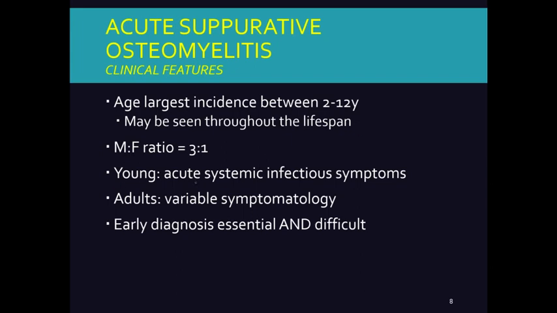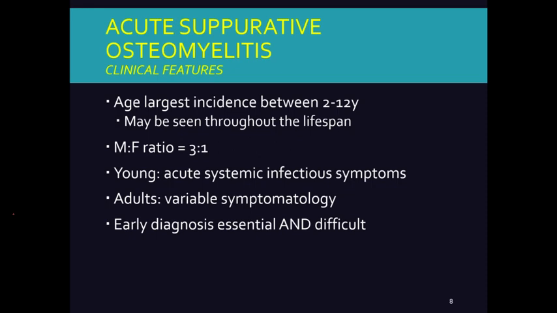When they're young, they tend to have more systemic type of symptoms. Older individuals that have infection can have a much more indolent or not as severe reaction. So it can be harder to diagnose older individuals because they might just have a little bit of pain, maybe a little bit of swelling, and they're like, it'll get better.